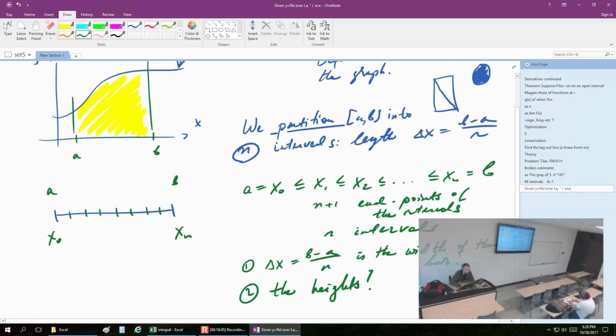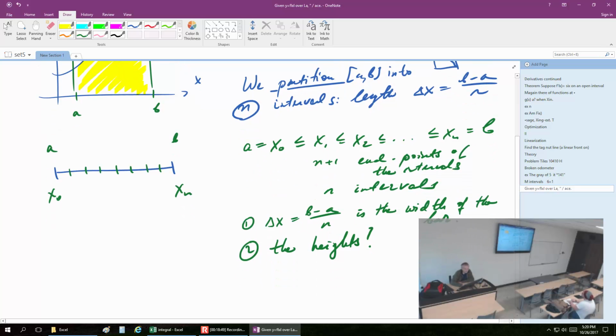So we just need now to determine the heights of those bars that we're going to be approximating. At this point we could pick the left end of the interval. So this is the interval. You could pick this point, the left end, or you could pick the right end.